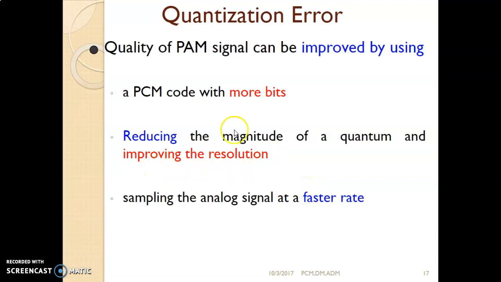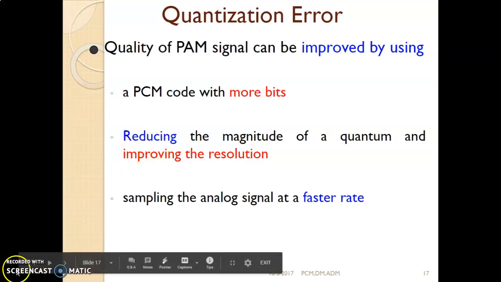Or if your step size is very small, or your resolution is high, then also the quality of the PAM signal can be improved, and therefore quantization error can be reduced. So in the next lecture we will see the types of quantization.